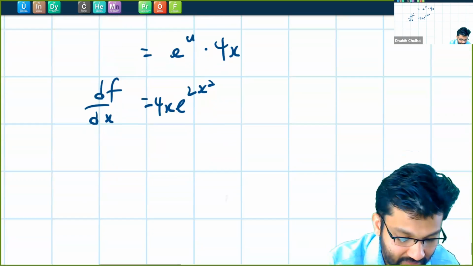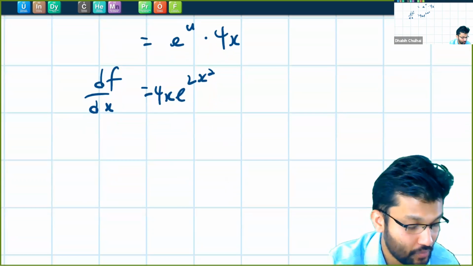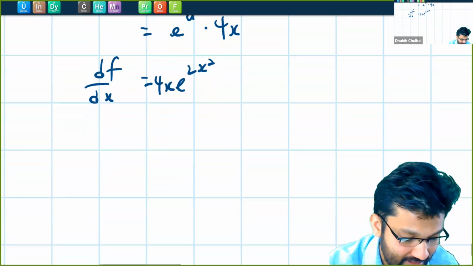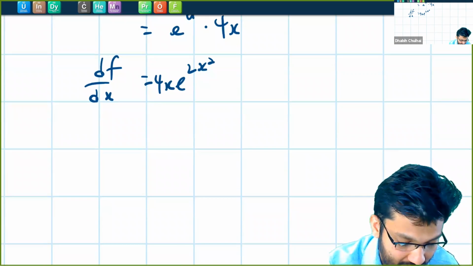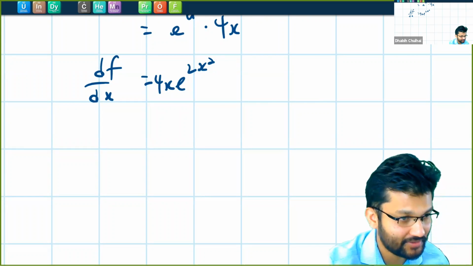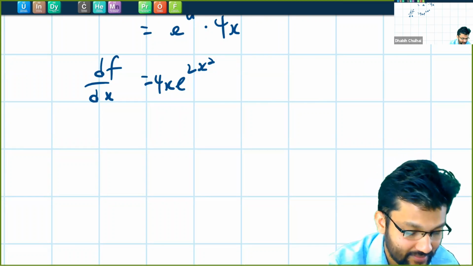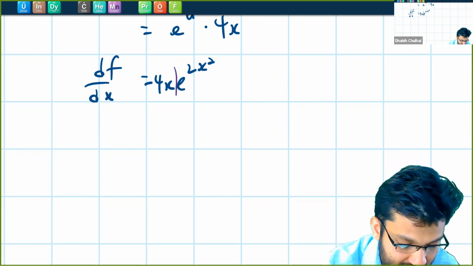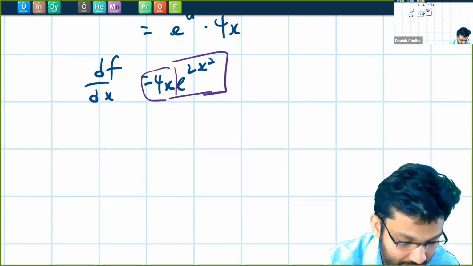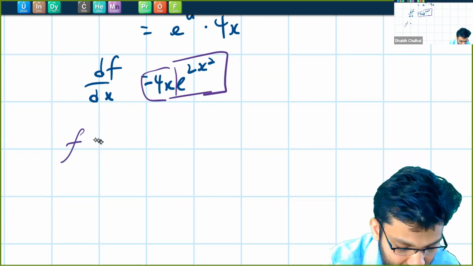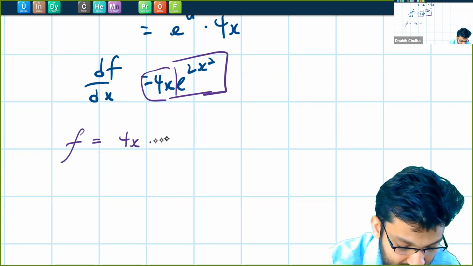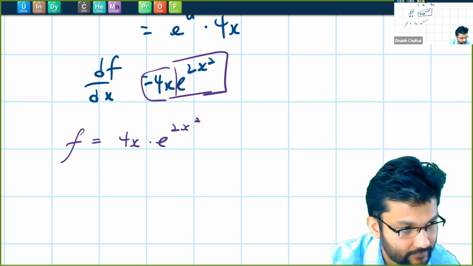All right. Now we want to do this differential one more time. It's the same business. Now we need to use chain rule and we also need to use product rule, because this has two parts, so we're going to separate them. So the new function is 4x times e to the 2x squared.